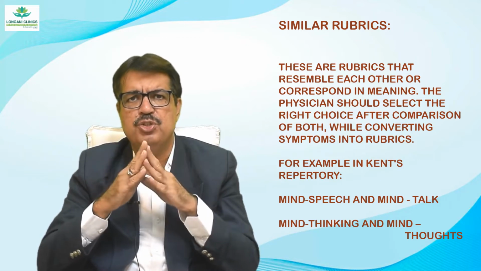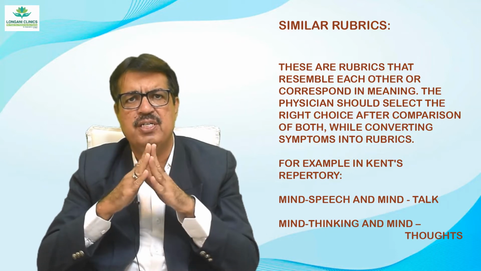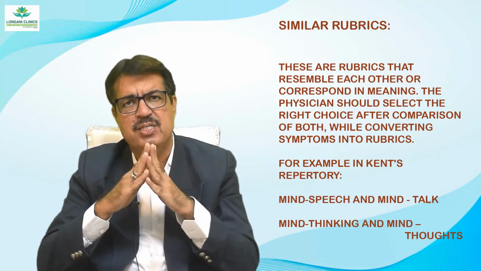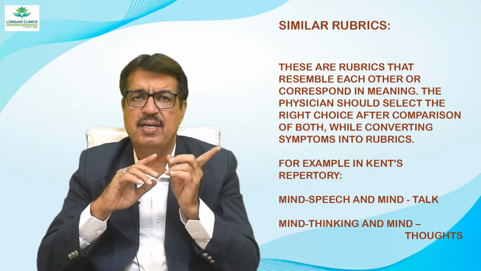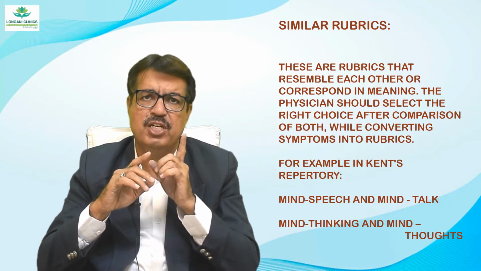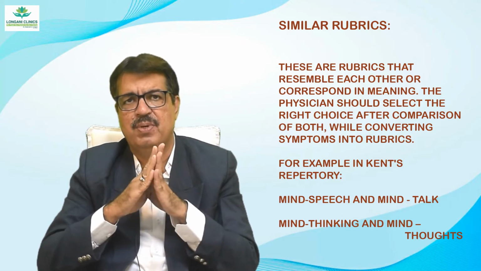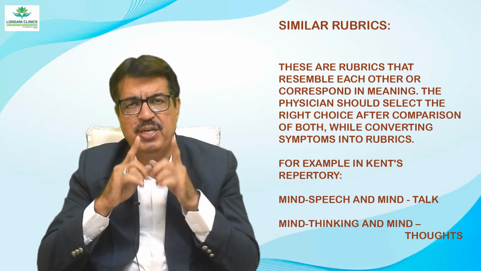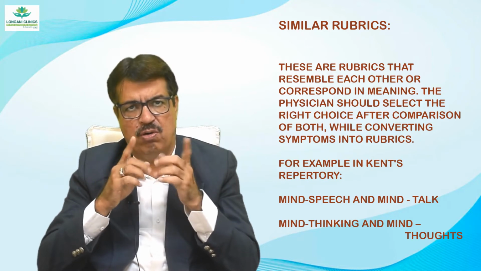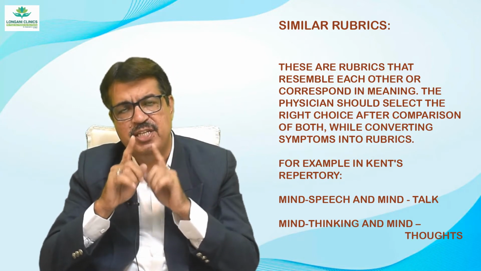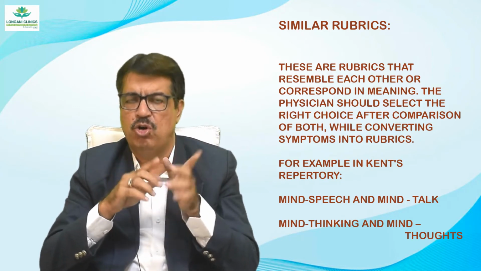The physician should select the right choice after comparison of both while converting the symptoms into rubric. For example, in Kent's repertory, mind, speech and mind, talk, then mind, thinking and mind, thoughts.